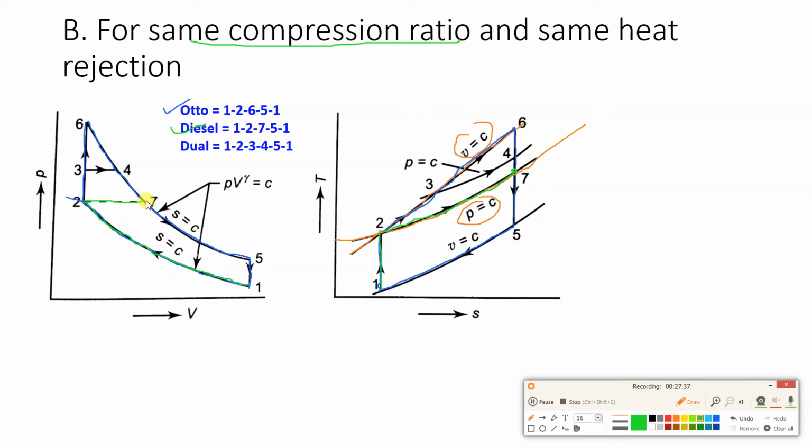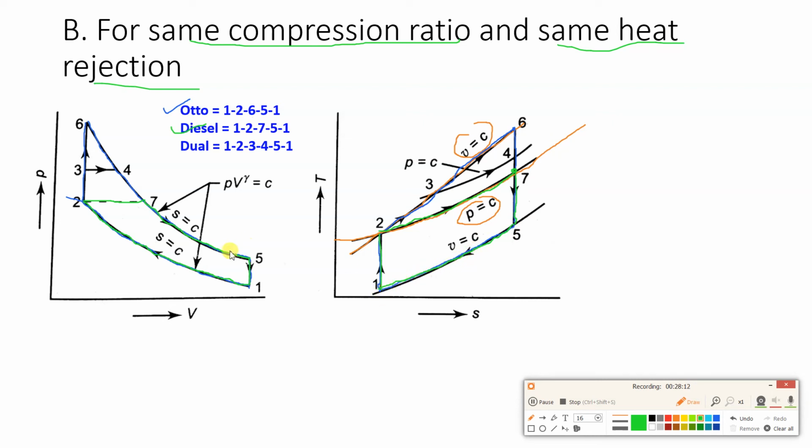Then 7 to 5 is isentropic expansion in case of diesel cycle. And 5 to 1 is constant volume heat rejection in case of diesel cycle. Now we have to maintain same heat rejection. So that is why here you can see 5 to 1 curve is also overlapping. So 5 to 1 is constant volume heat rejection.